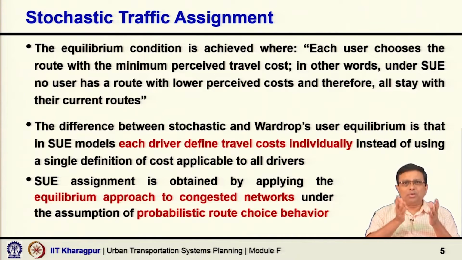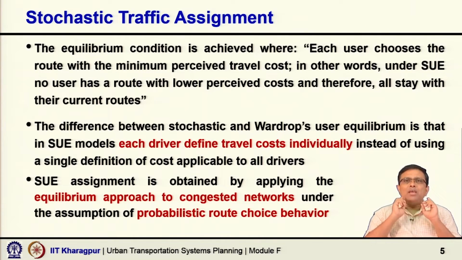So, all the routes still will not have equal cost or equal time. From I to j, maybe there are 4 alternative paths, but all paths still may not give me equal travel time. So, it is not going to be like deterministic user equilibrium, but still that equilibrium will be reached.